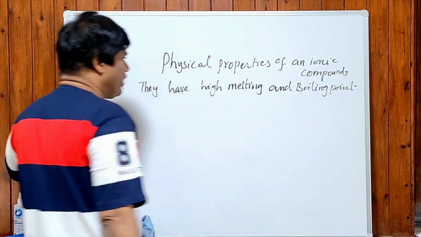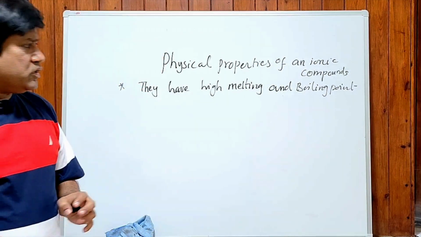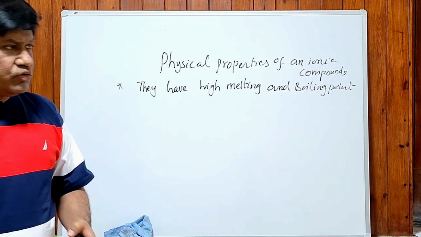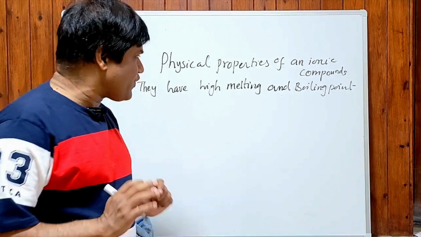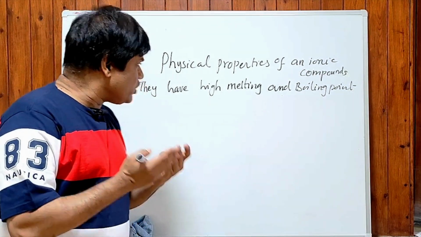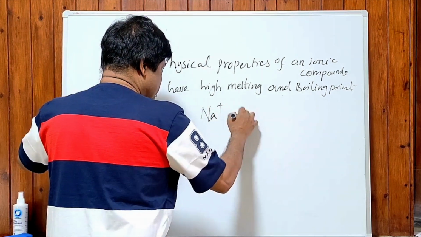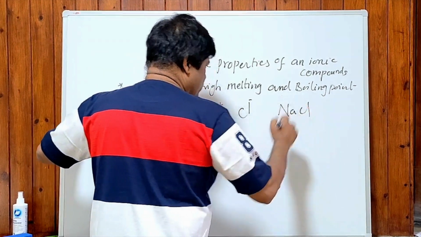Any idea why they have high melting and boiling points? The force of attraction between two oppositely charged ions forms the ionic bond. It is a type of electrostatic attraction, a very strong attraction. So when they join, they form a solid compound, for example NaCl, Na+ and Cl-. They come together and form solid sodium chloride.